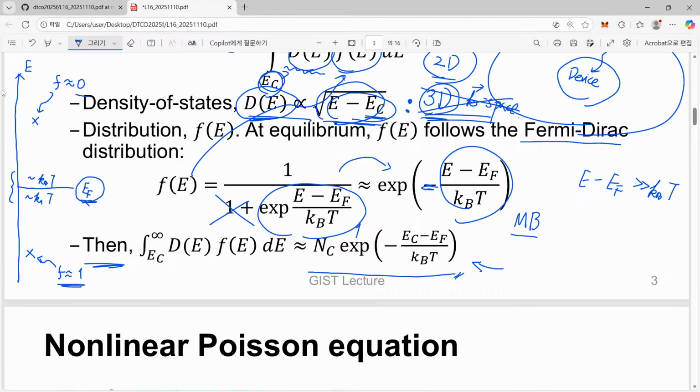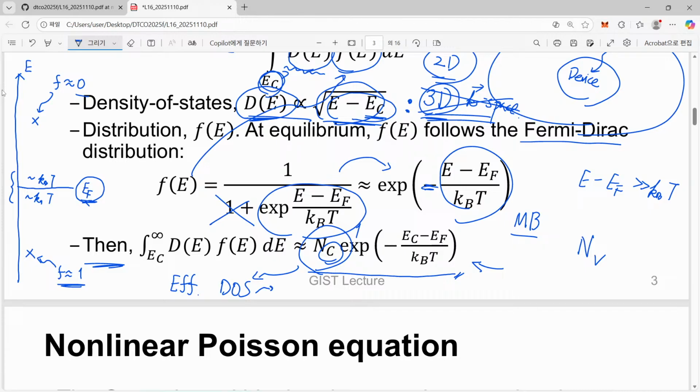Here we have NC, and this is called the effective density of state of the conduction band. Of course, if we have a valence band, then we say it this way: effective density of state of the valence band, but we have a conduction band here. Now the density of state is actually an energetic density of state.